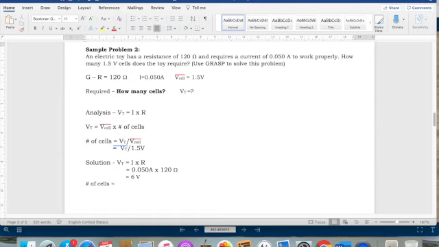So the number of cells is going to be equal to this thing here. Just to reiterate, it's going to be equal to that. So therefore, we found that the total voltage is 6 divided by 1.5. And that gives us a nice even 4.